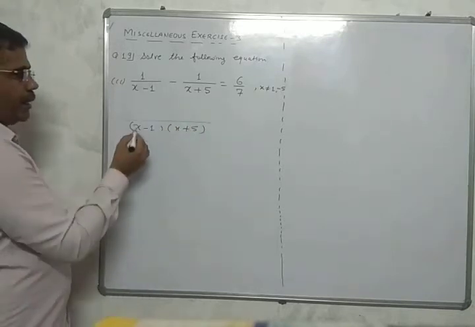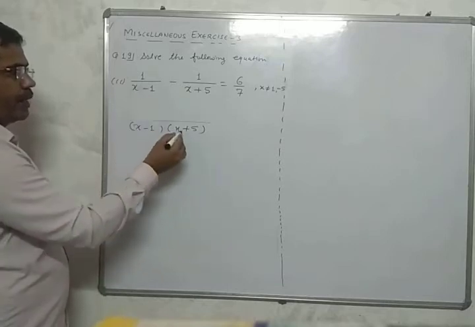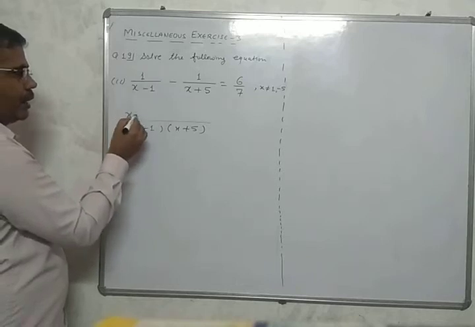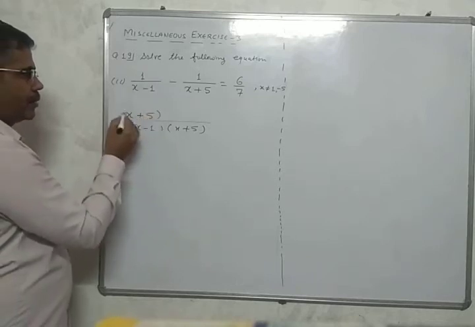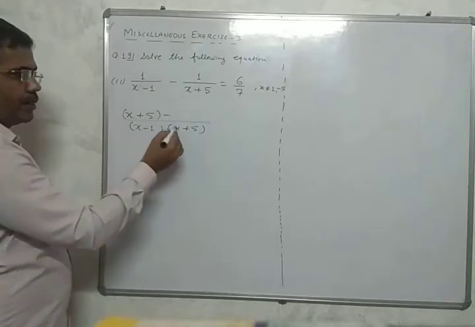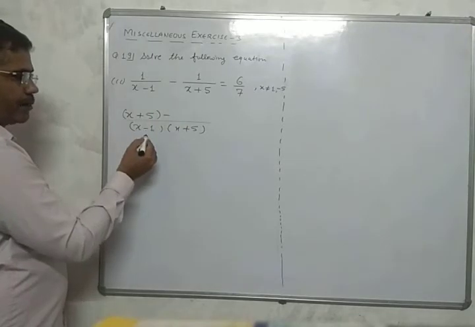If we divide x minus 1 into x plus 5 by x minus 1, we have x plus 5. We multiply x plus 5 by 1, x plus 5, minus again x minus 1 into x plus 5 divided by x plus 5. We have x minus 1.